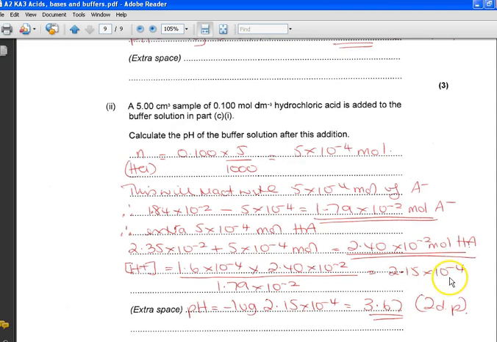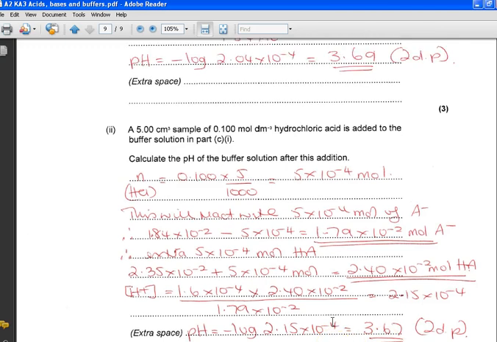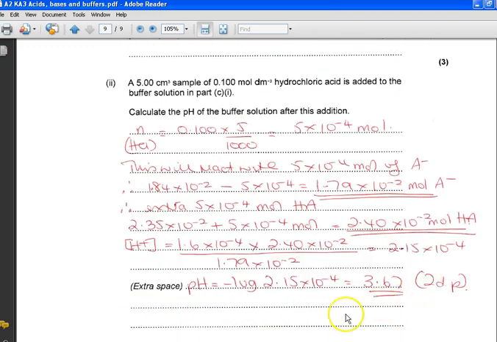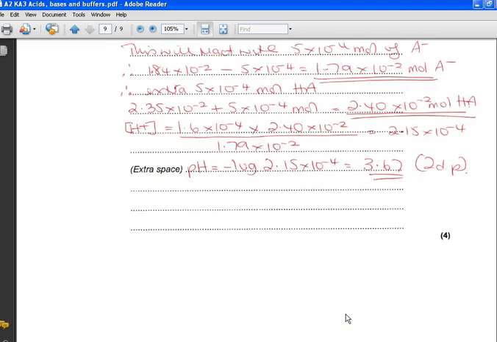So we work out our concentration of H+, and then we work out the pH by taking the minus log. So 3.67, and as you can see, it hardly changed from 3.69, which is what you would expect of a buffer solution.